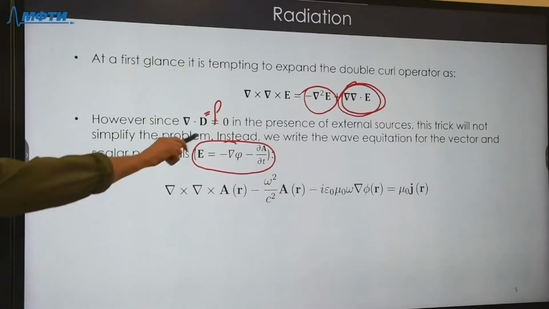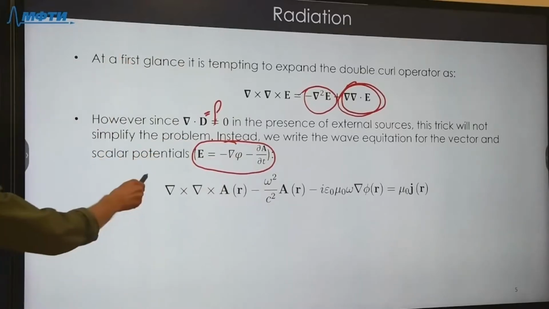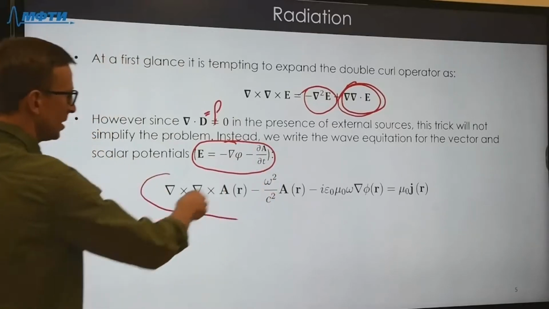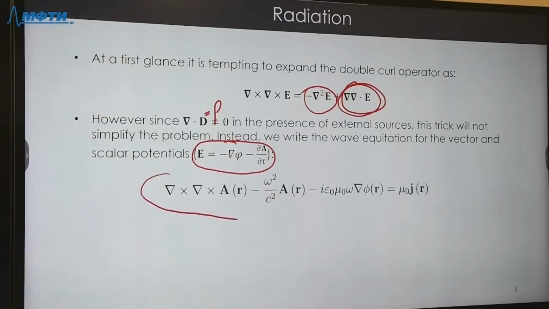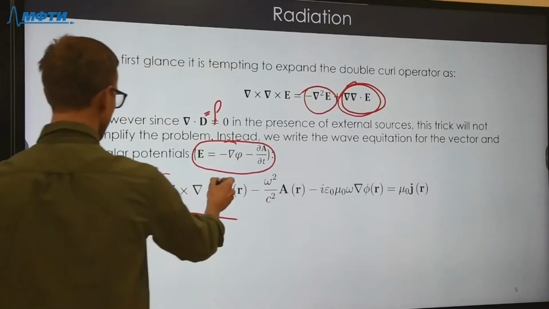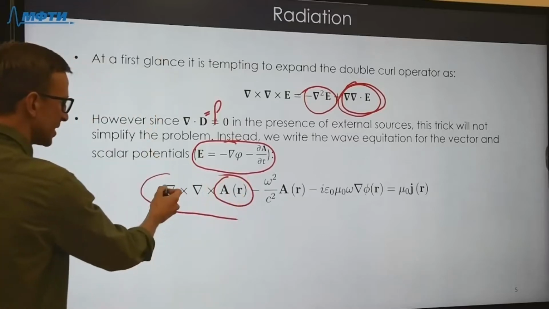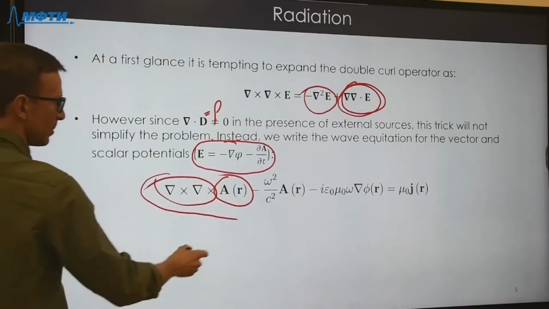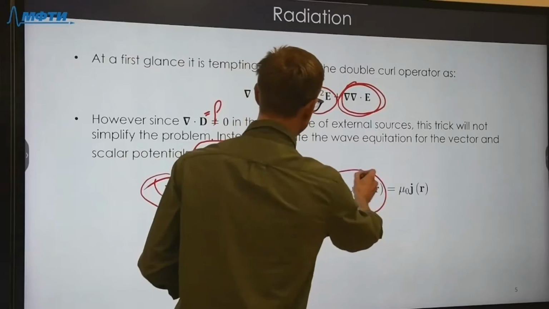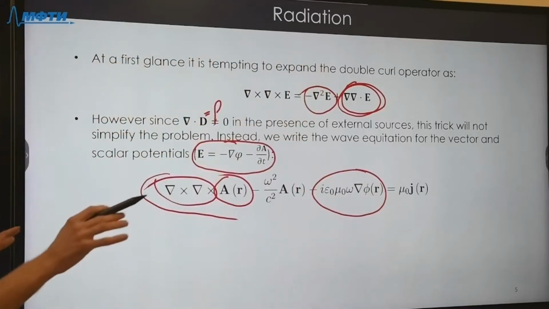We're going to plug that into the wave equation, and if you do this, we'll obtain this, which is still quite complicated. That doesn't make our life easier, because now instead of just electric fields, we have the vector potential, we didn't get rid of this guy, and we also now have the gradient of the scalar potential. So this is just a mess.